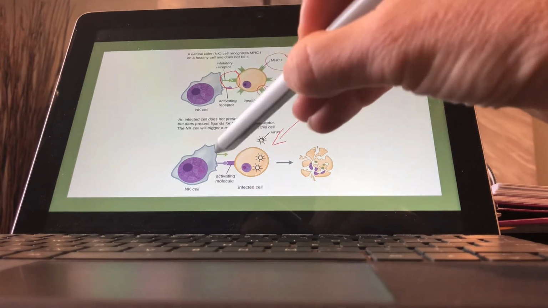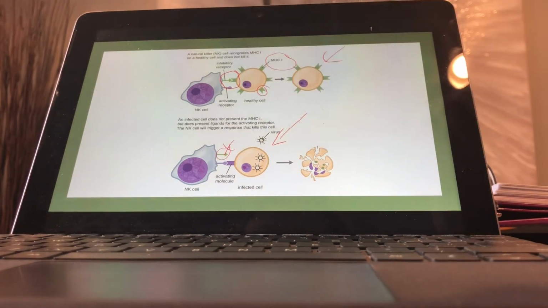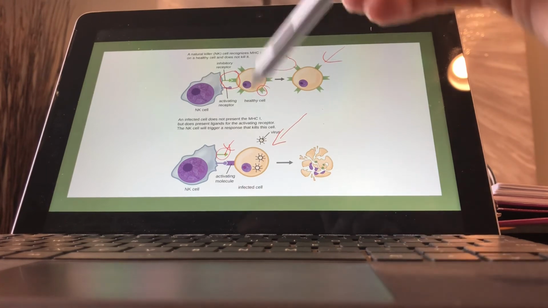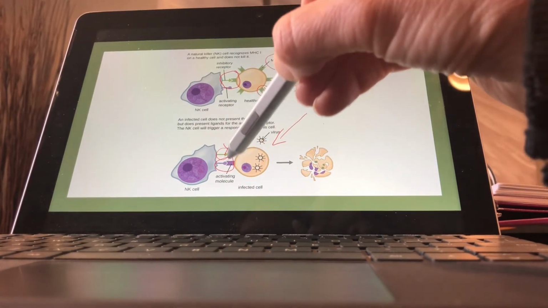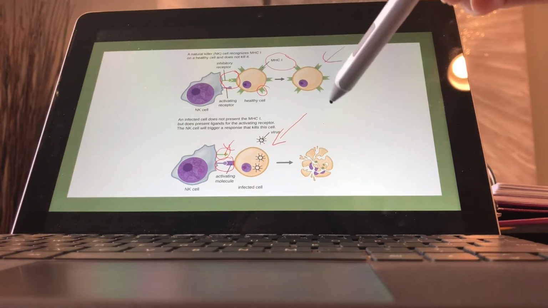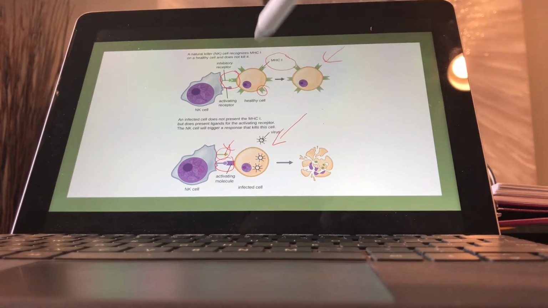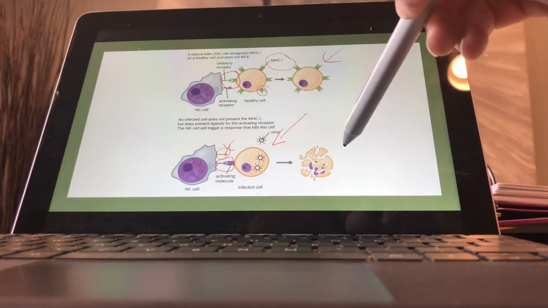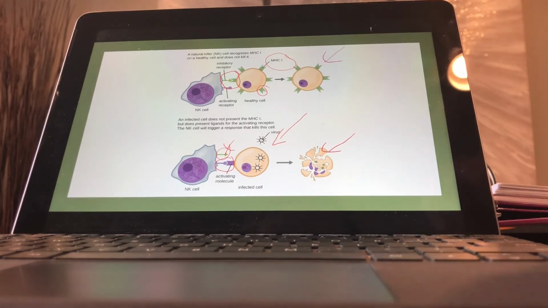Now, when this goes to try to attach, it can't. There's nothing there for it to attach to. But notice that it also has another attachment site. Now, if this is present on the cell, that means that the cell is infected with a virus. So what the natural killer cell will do is it will now kill off this cell because it has a virus in it. And that's how this protects us from viruses. And this is a natural immune system response.